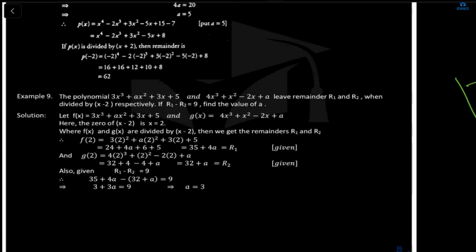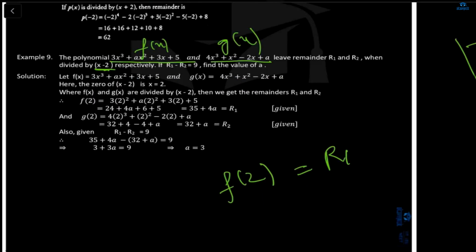See, the first one is giving you remainder R1 when you are dividing by x minus 2. That means if you are taking this particular polynomial as Fx and this particular one as Gx, then F2, because here it is x minus 2, so the value you have to find is at 2. So F2 will be equal to R1. It is telling you in the question only.